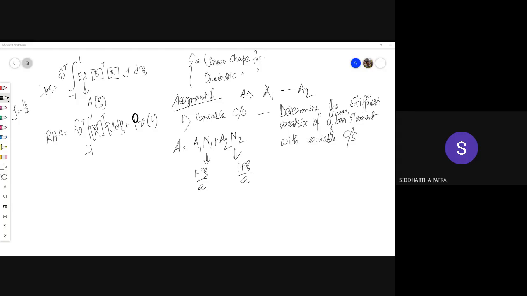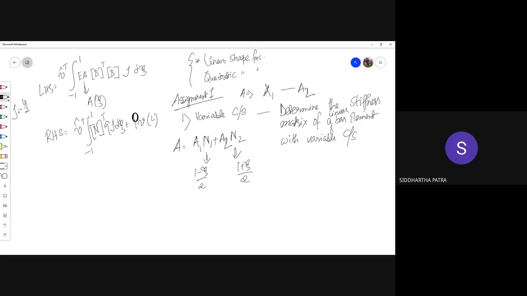Okay, so the chances are you'd encounter problems like this one: stepped variation in cross section. In that case you'll have to probably divide the geometry into 3 steps, I mean 3 different elements.